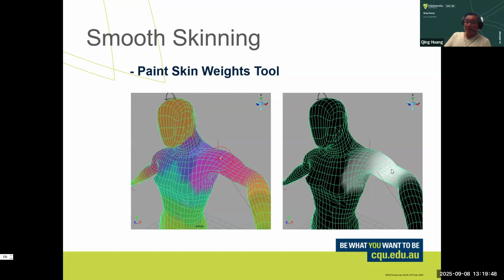So the whiter, the stronger; the grayer, the weaker. So you have a decay of that. It's a gradual transition to another joint. And the gray area means that they have less influence from the particular joint you have selected, but it has more influence if you switch to another joint. You will see how much influence another joint casts on these vertices.